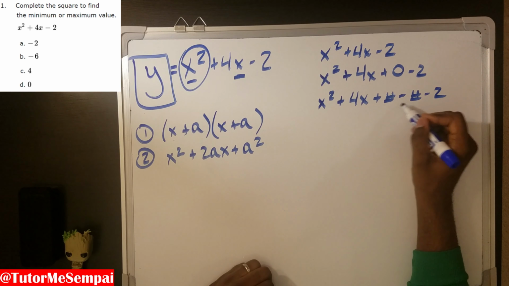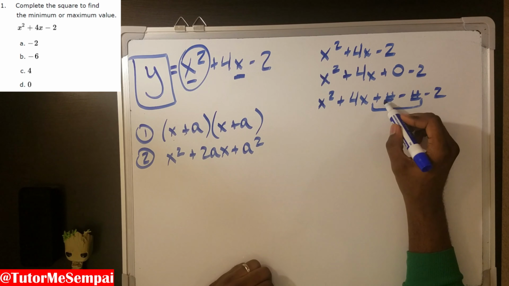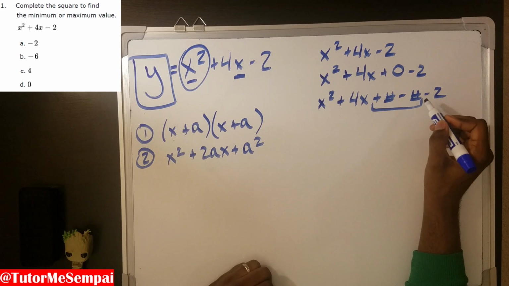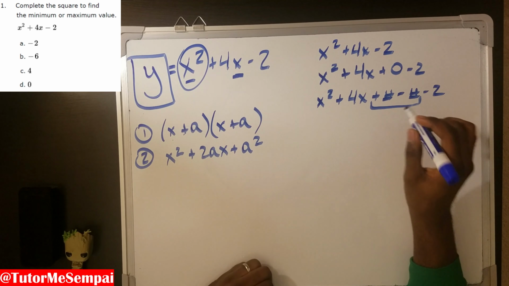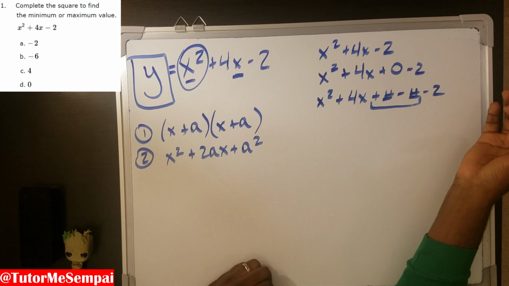By doing this, I'm effectively adding 0, except I'm adding a number here and subtracting the same number here. So this is how we're going to inject a square into this equation when it didn't have one originally.